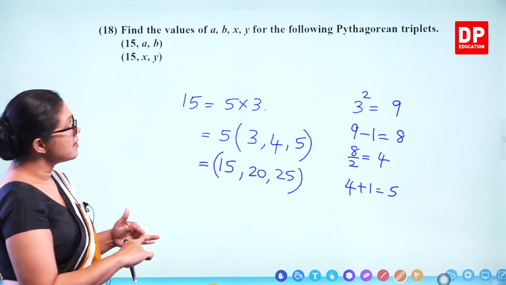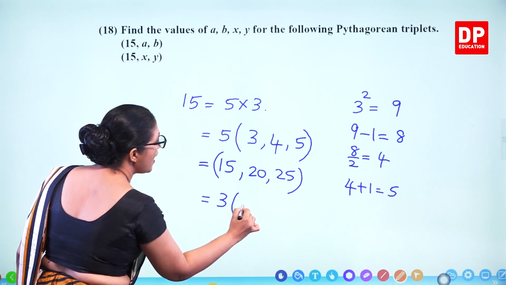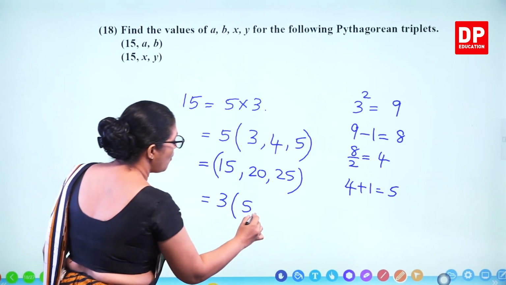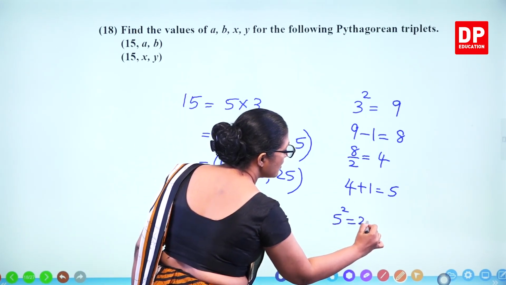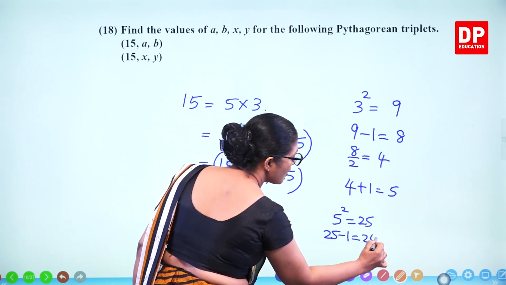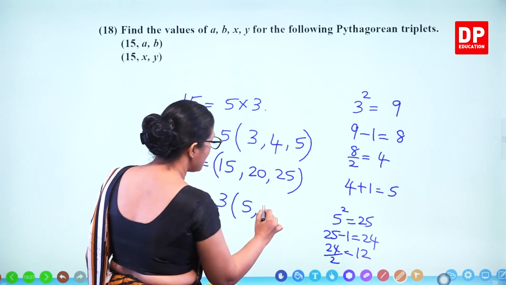Now you can do the same thing the other way around. If I take 3 out and write this one as 5, how can we find the triplets? You square it, subtract 1, divide by 2. So that's the other number.